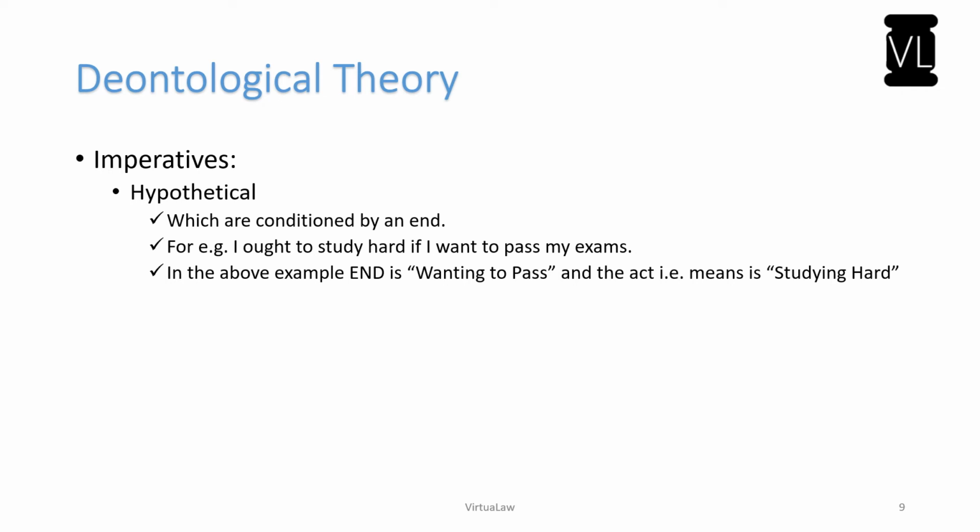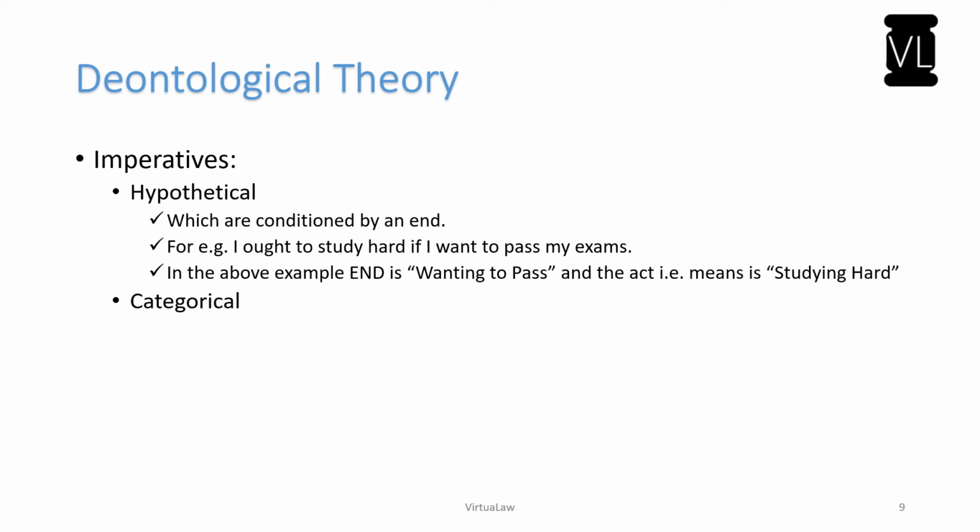So studying hard, yes, it is ethical or it is something which is right. Here Immanuel Kant talks about right or wrong. So studying hard is right, but why is he studying hard? Because he wants a consequence, that is an end, to pass his exams. So a hypothetical imperative is one where you cannot avoid doing an act because you know the end of it is something which you want to achieve, right? So that is a hypothetical imperative.